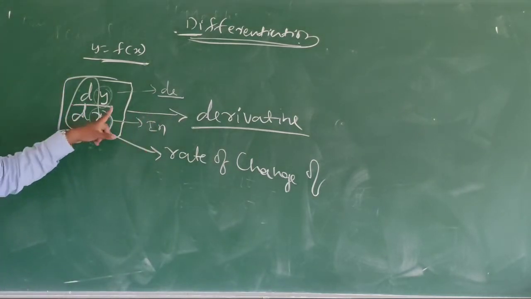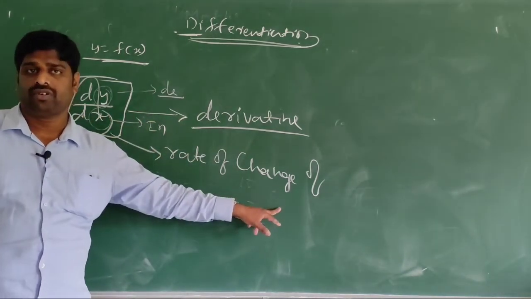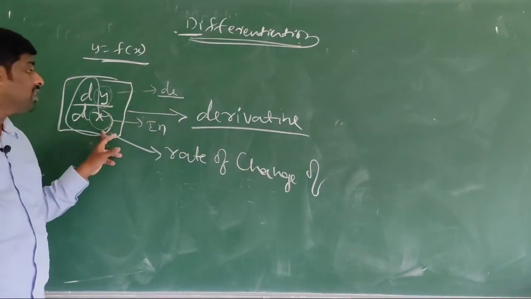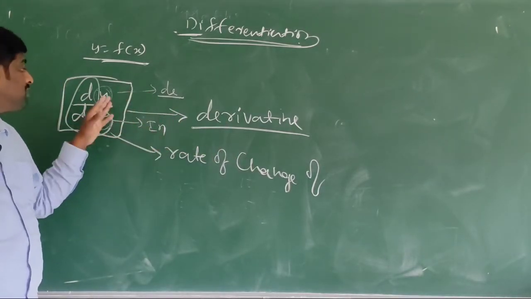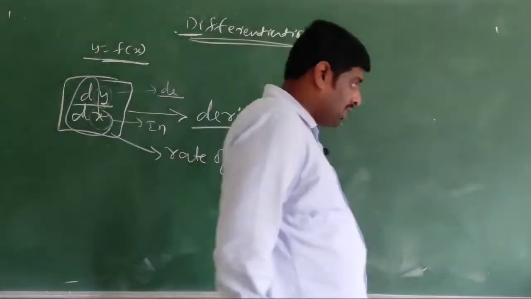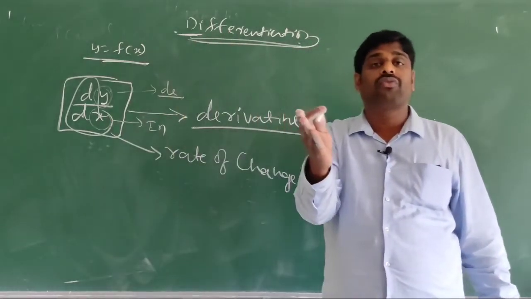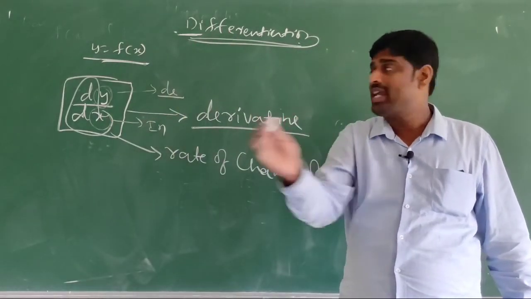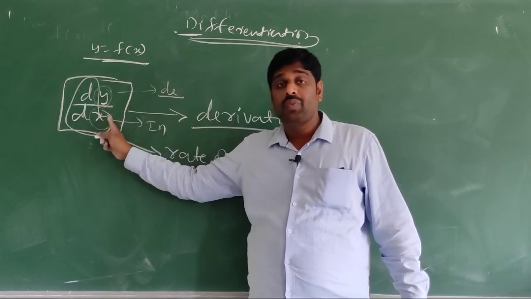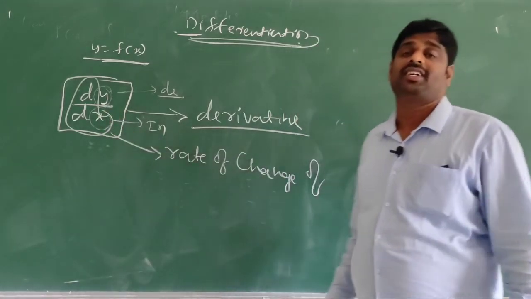So here d by dx is nothing but the rate of change of. That means y is the dependent variable, x is the independent variable. This dy by dx is called the derivative. Here dy by dx means the rate of change of y with respect to x is called differentiation.